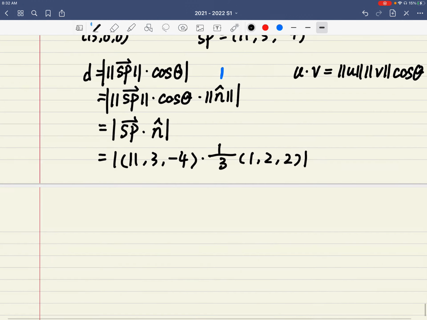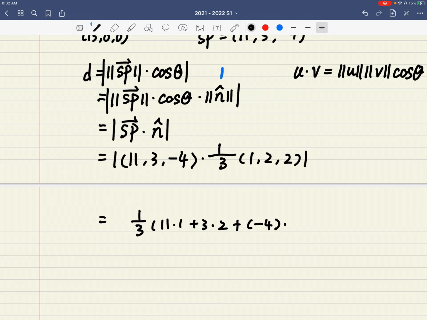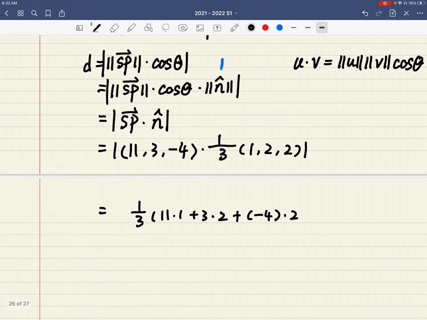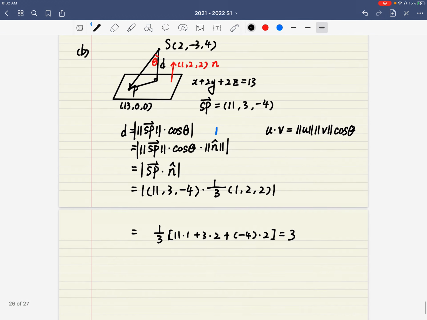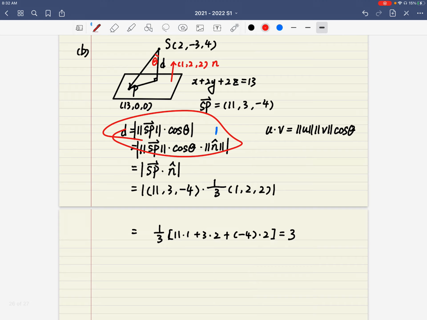Then it is 1 over 3 times 11 times 1 plus 3 times 2 plus negative 4 times 2. And the result is 3. Of course, you can skip these two steps and just jump to this formula. It's also fine.